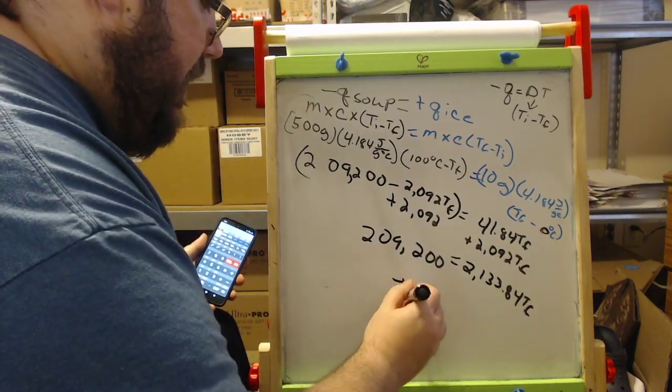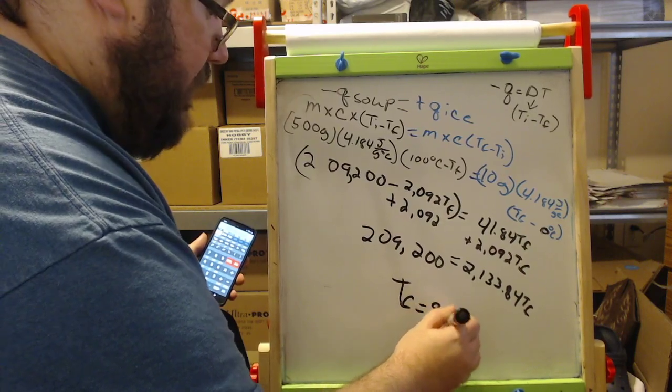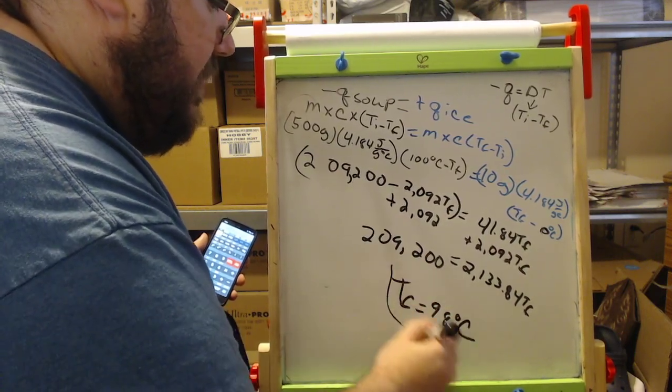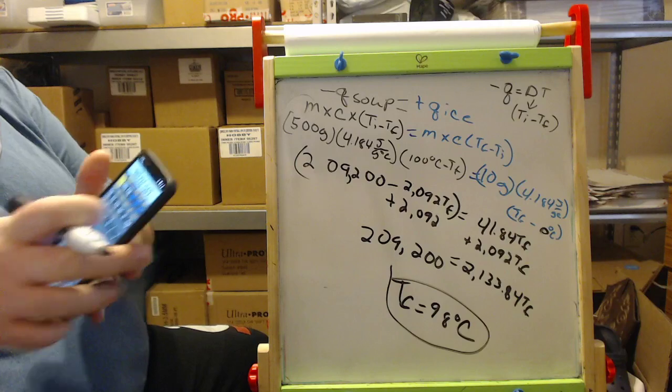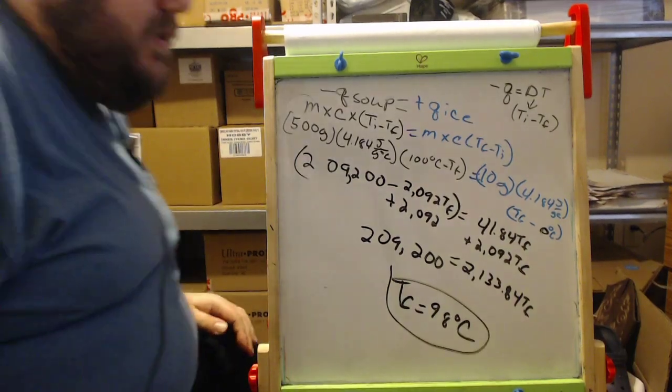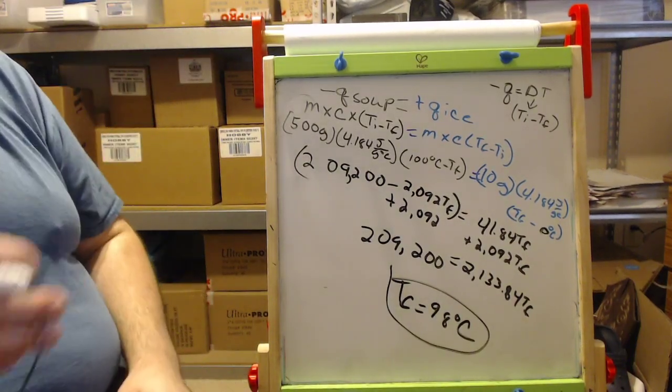And I get that my final temperature should be roughly 98 degrees Celsius. So the 10 grams of ice just lowered my soup 2 degrees Celsius. So it's probably still too hot to eat.